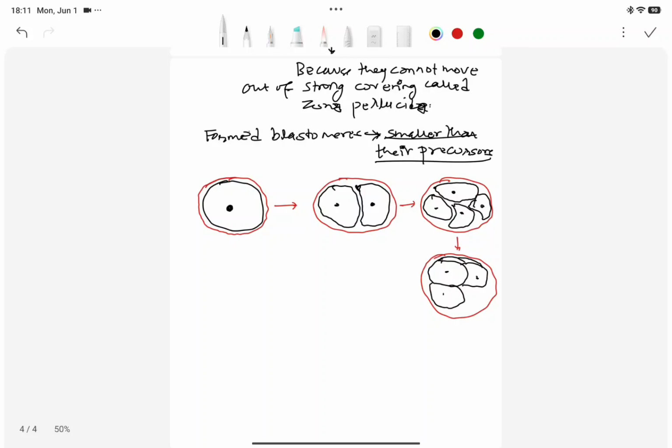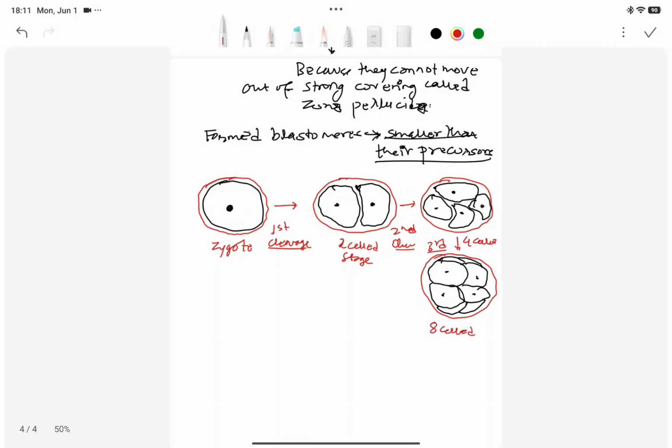This is the zygote, and there is the first cleavage that forms the two-cell stage, and there is the second cleavage that forms the four-cell, and there is the third cleavage.